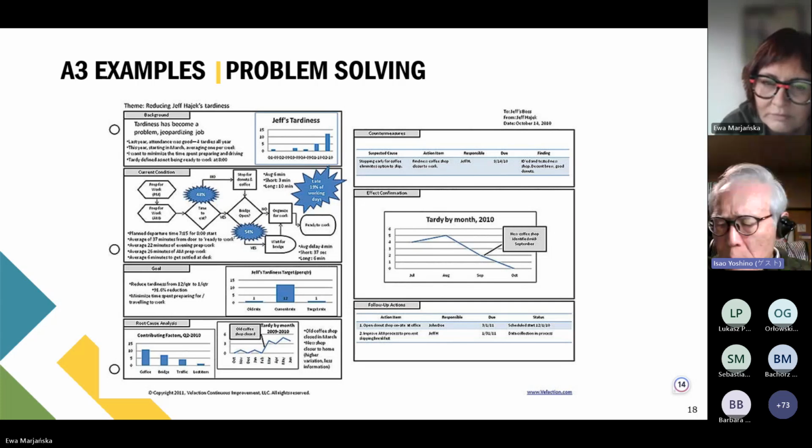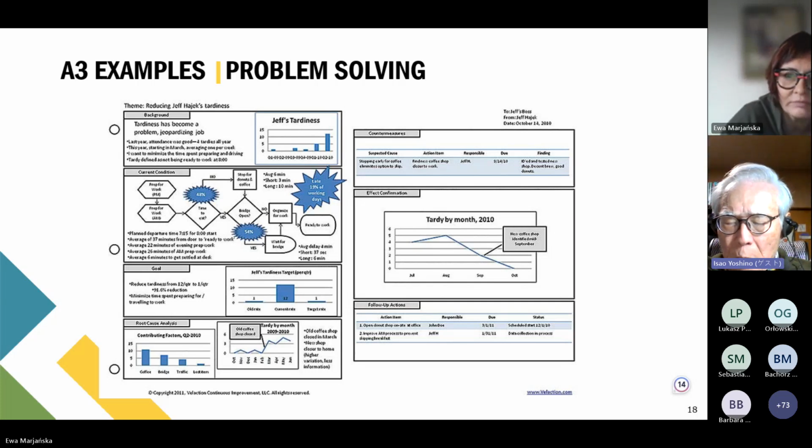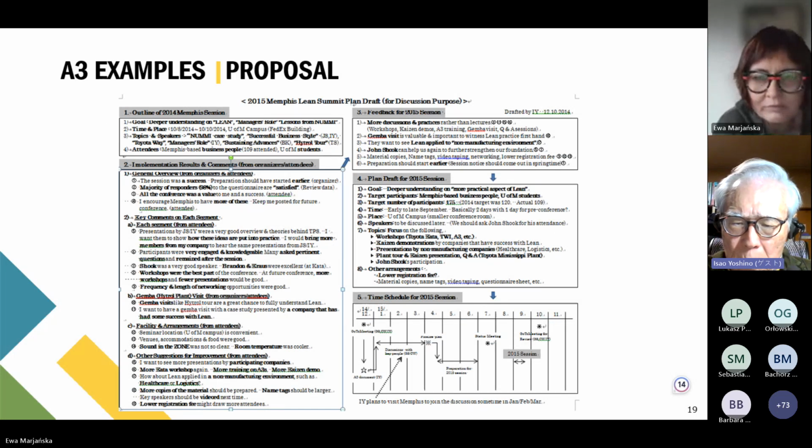And next page, page 19. Actually, this is a document from a long time ago, when I was in the United States, in Memphis, around 2015.